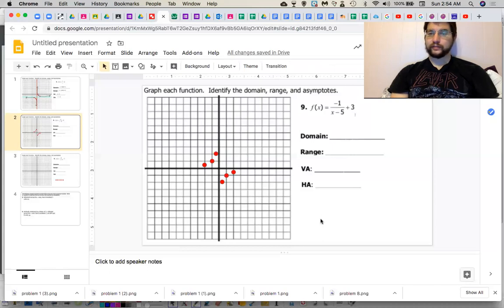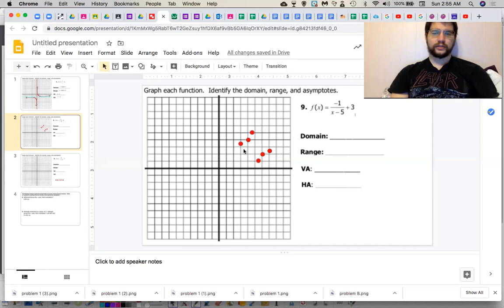Okay, I did the reflection. I also need to shift them up 3, right 5. Up 3. I'm going to watch this dot right here. It's easier to see. 1, 2, 3. And then to the right 5. I'm still watching this dot. 1, 2, 3, 4, 5. And there we go. That's good enough.